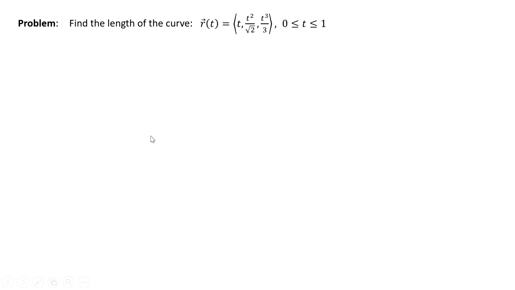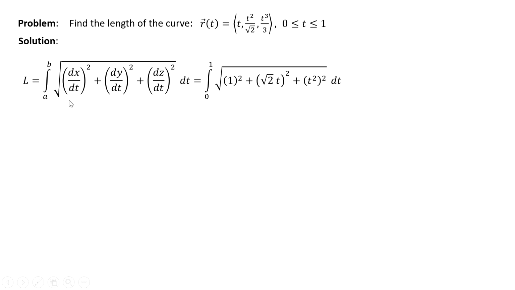Okay. Any idea what the formula was? What is x here? x is x of t, I mean the x component of this one. dx/dt. What's the derivative of t? Just 1. That's what we have. What's the derivative of t squared over square root of 2?